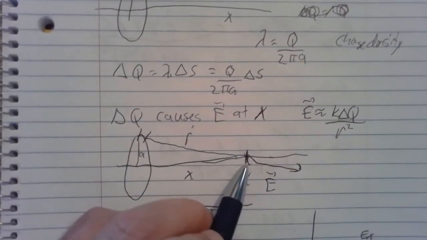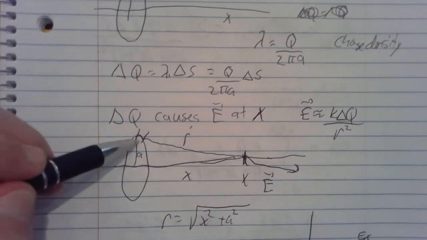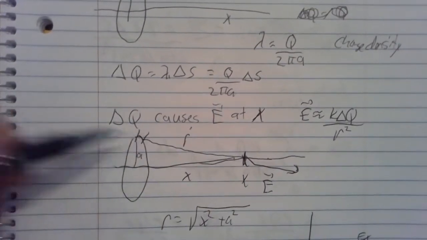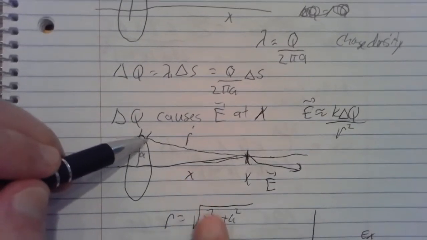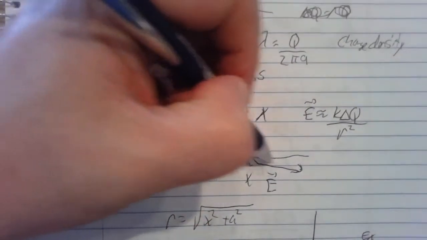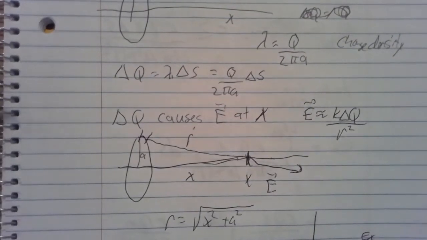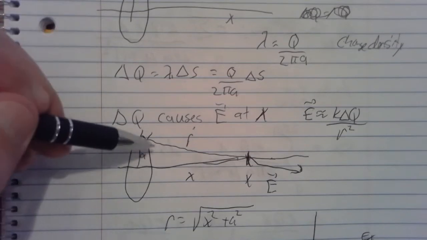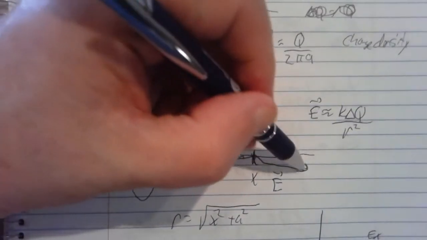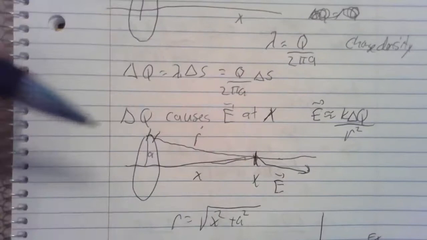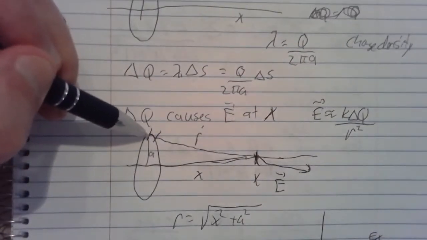So out here at point x, the electric field from this point charge, so to speak, will point directly away from it. Remember, electric field points away from positive charges. In my charge here, we're assuming Q is positive. So that will create some E vector down here, just from that little contribution right there.